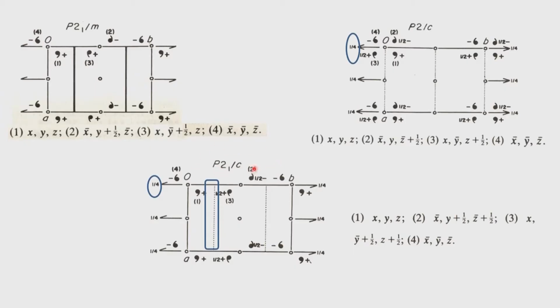So that way we have a situation where we have the three systems P2/m, P2/c and P21/c having translation-involved components. How many translation-involved components come up is discussed here.